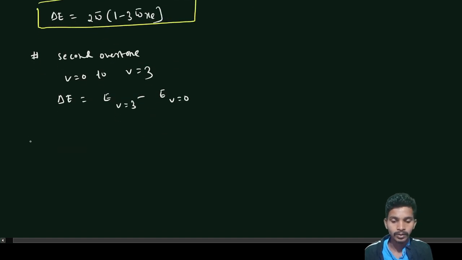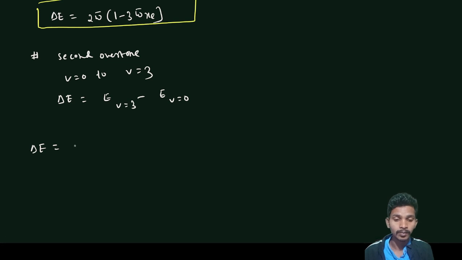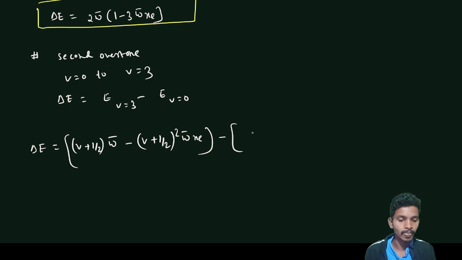This one also you can do easily. ΔE is (v + 1/2)ω minus (v + 1/2)² ωxe, I can write, and minus (v + 1/2)ω minus (v + 1/2)² ωxe.